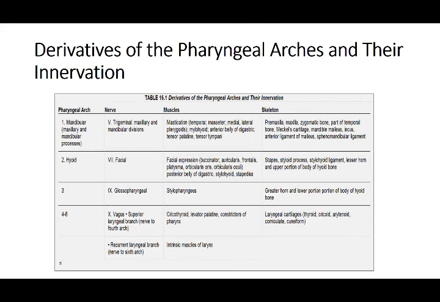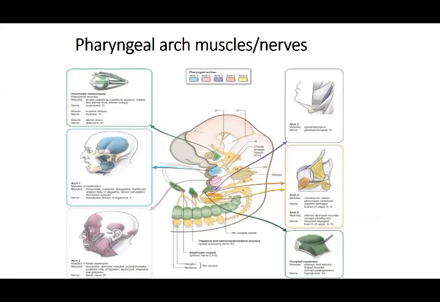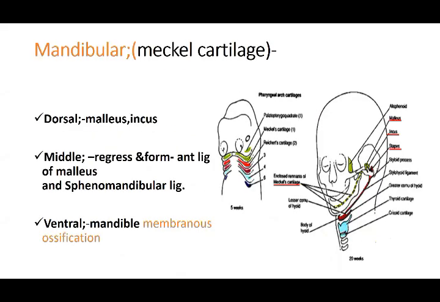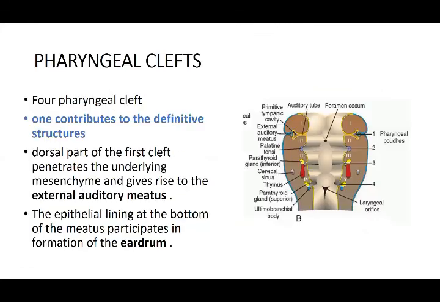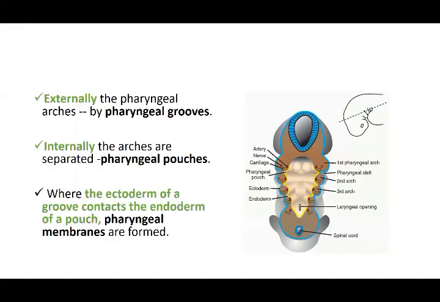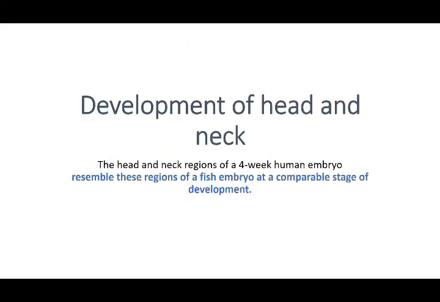So I recollect all that we have done up till now so that you understand what the pharyngeal apparatus is, because this is the important thing which is related to your dental portion. Okay, the development. Formerly the term branchial apparatus was used because it resembles the structure of gills.